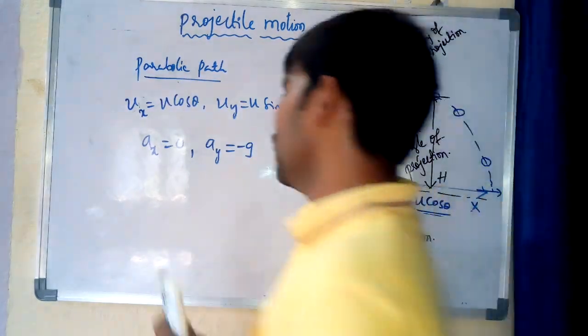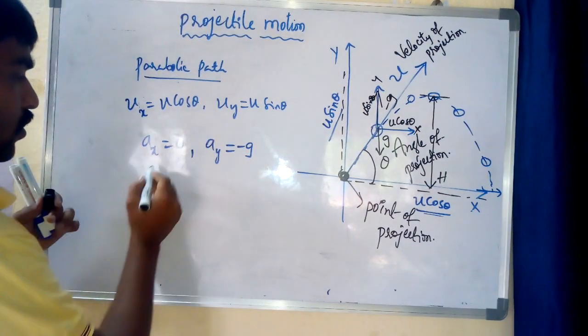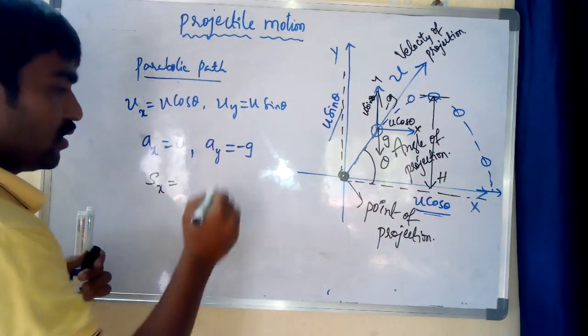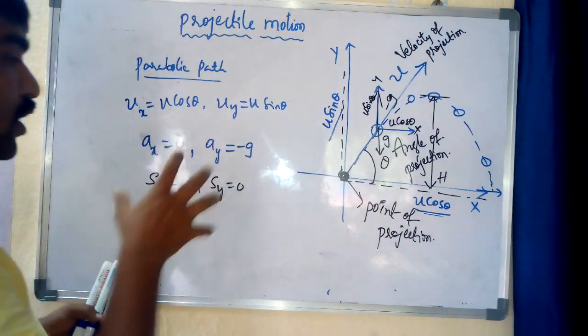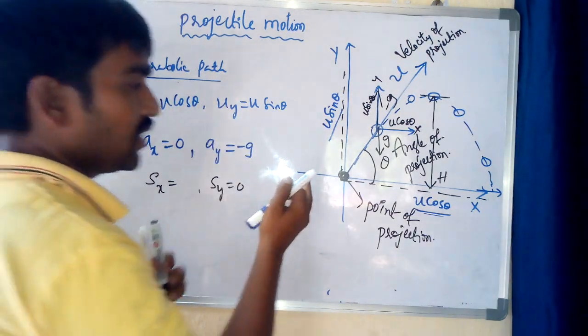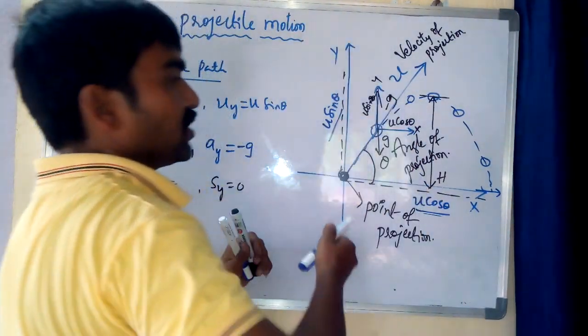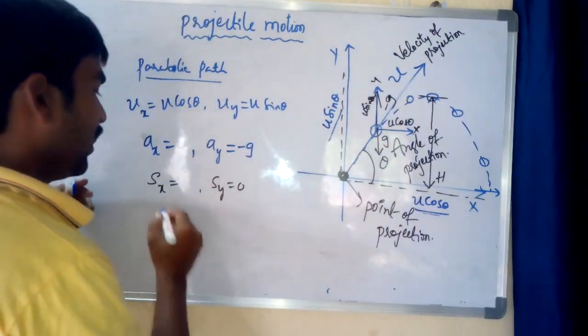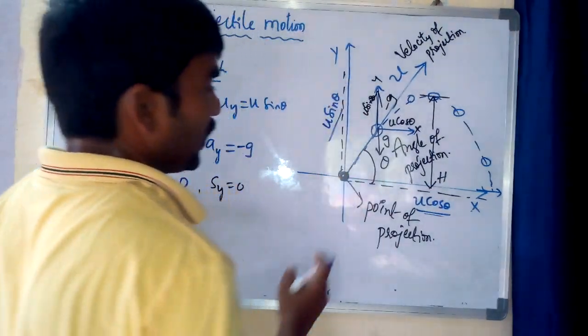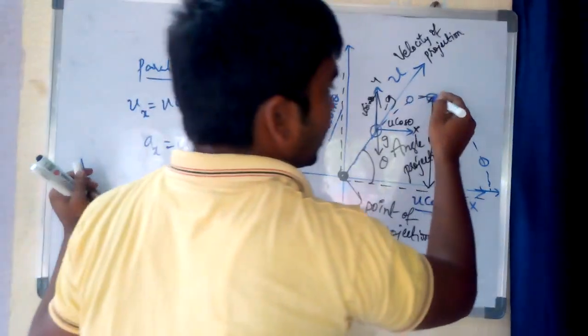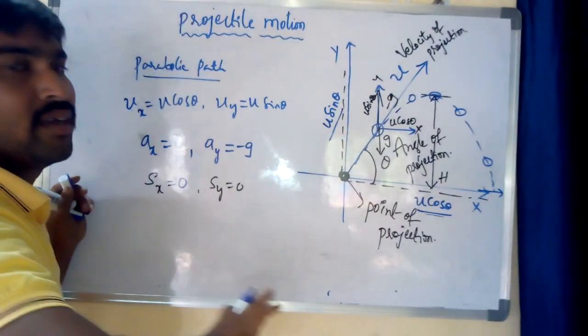So what about displacement in the x direction and y direction? What about displacement values? Along the y direction, it becomes 0. There is no displacement at the maximum height, so that becomes 0.